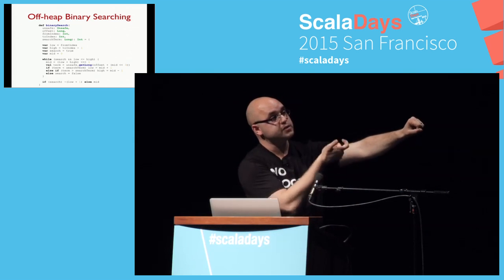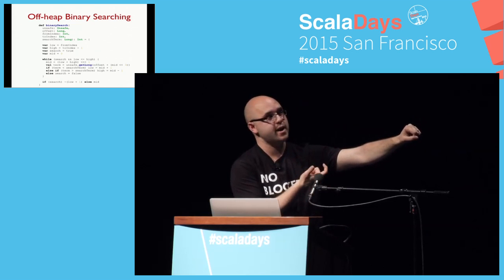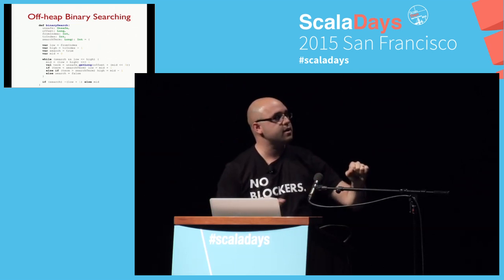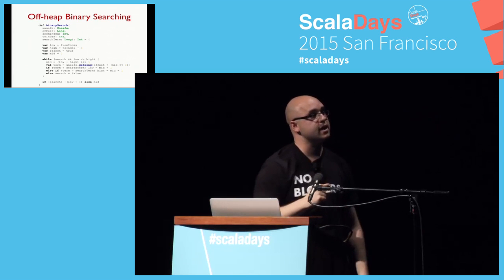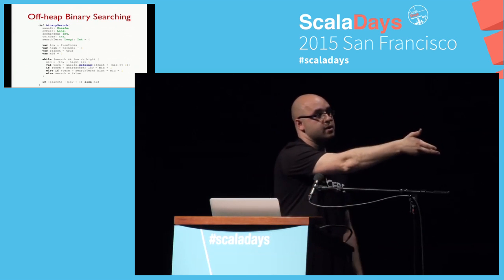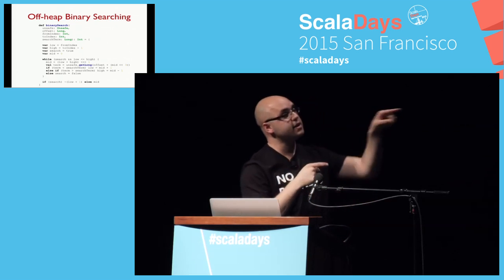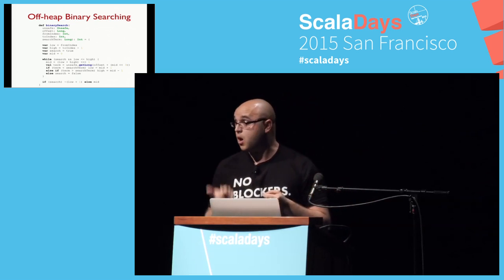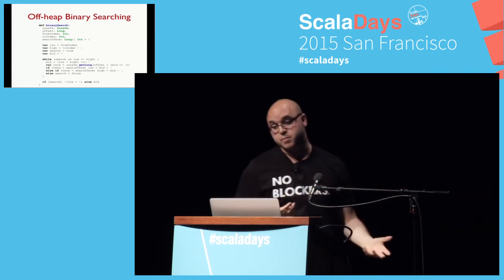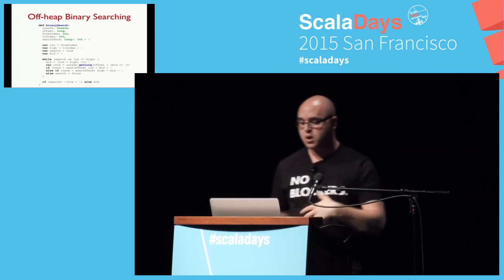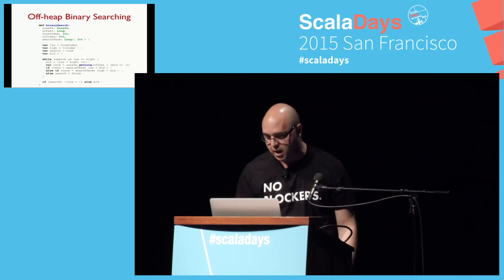We have the initial offset of where we can find this array amongst a sea of other data. And then based on whatever the current midpoint is, we can multiply it by 8, because in this case, the things that we're searching are longs. And then we can find the values that we want and actually do the binary search without having to create a whole bunch of extra objects.